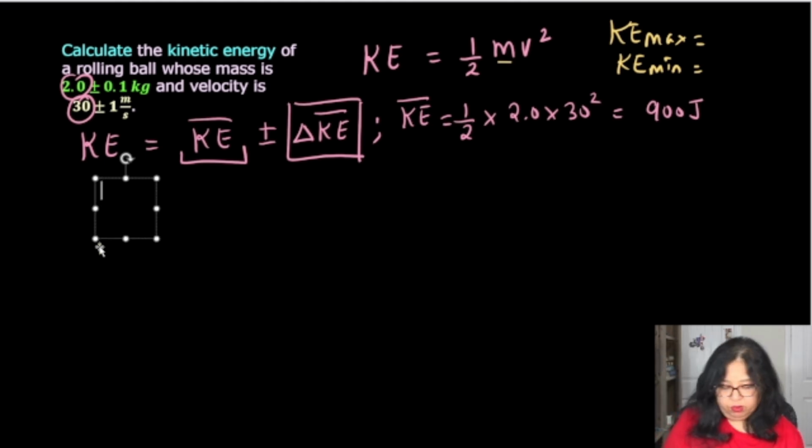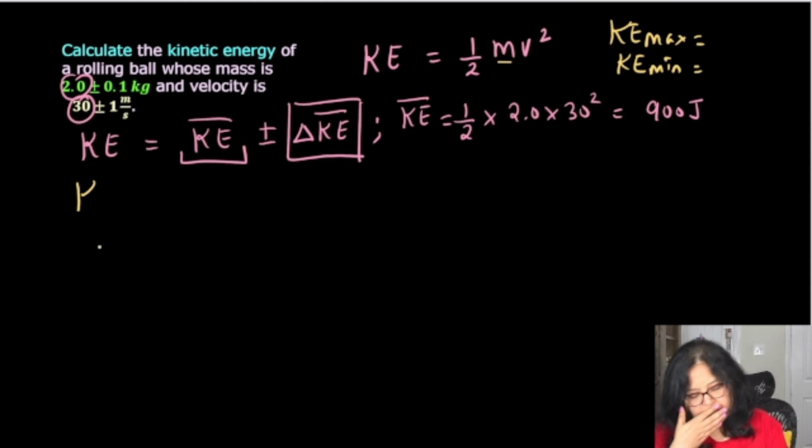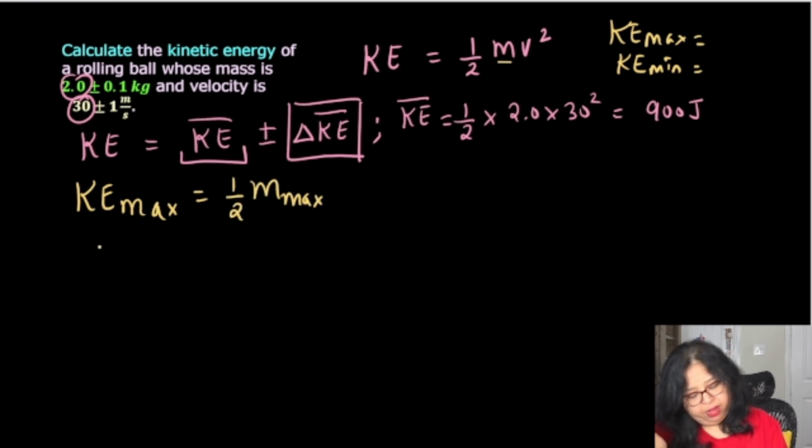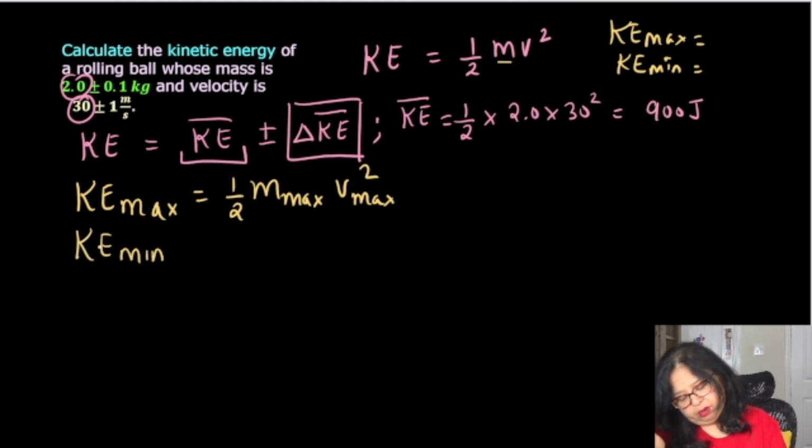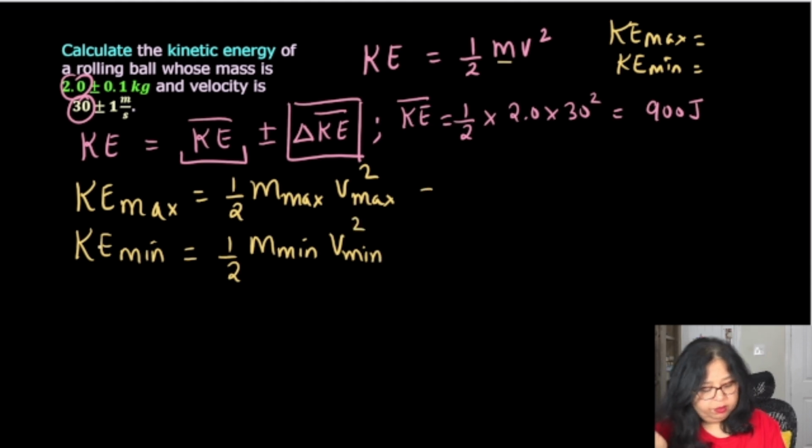KE max is 1/2 times maximum mass times maximum velocity squared. KE min is 1/2 times minimum value of mass times minimum value of velocity squared.